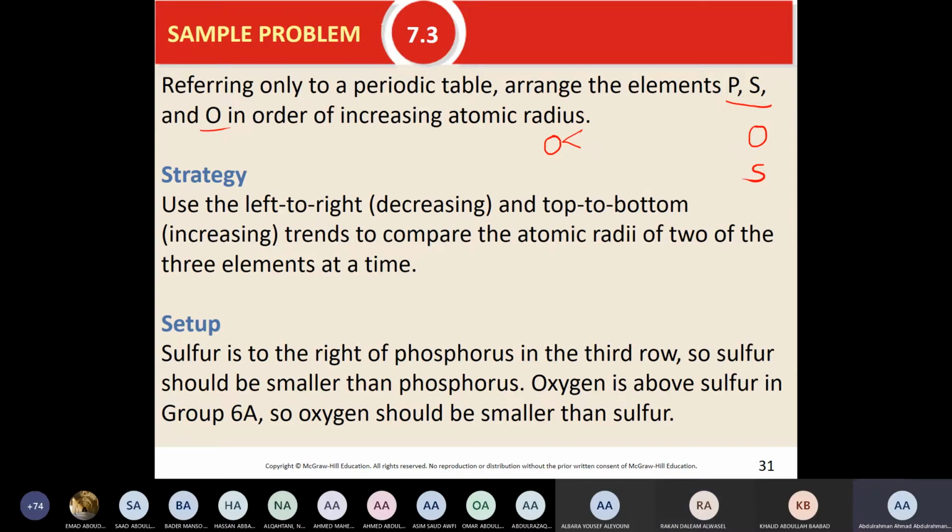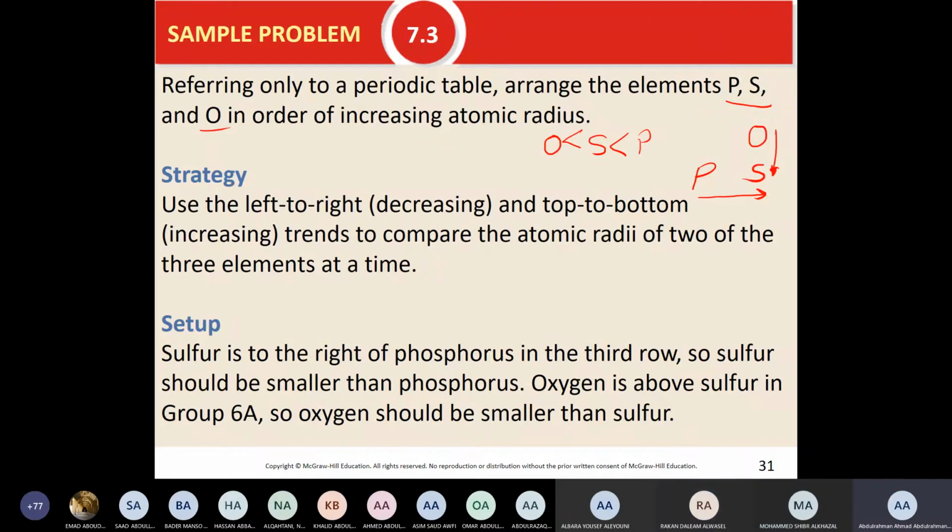Now we have P and S in the periodic table. Look at your periodic table. They are P and S like this. Which one is smaller? S is smaller. So which one is the smallest? Oxygen. Then S. Phosphorus is the biggest.